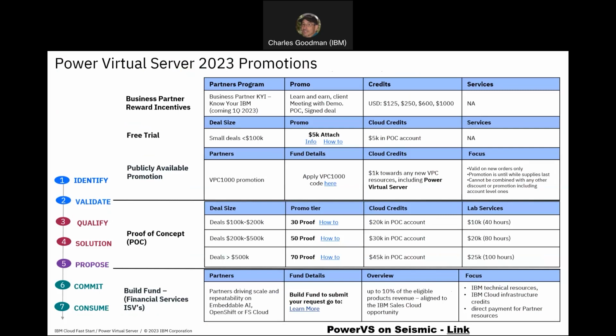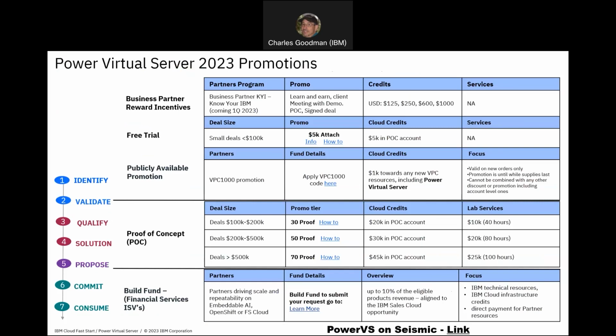You also notice on the bottom the build fund, and that really is to help your customer migrate their workload from on-prem to Power Virtual Server. And so if they have a workload that they want to move up there, the proof of concept maybe is a start. Maybe you do a pilot to production where you show them how it works.